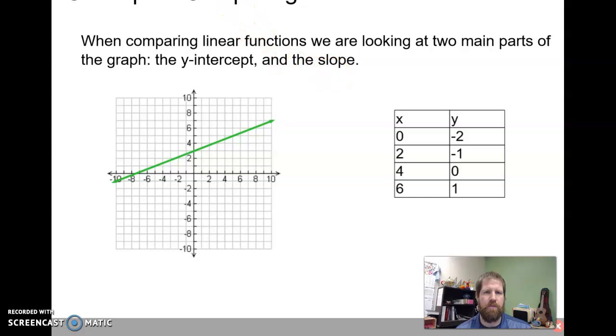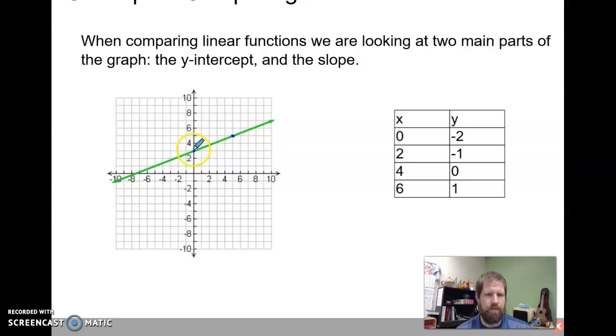All right, so if we have a graph representation, you can find the y-intercept. This one is going to be at 3. Then to find the slope, you can find another point that crosses exactly at an integer x and y.